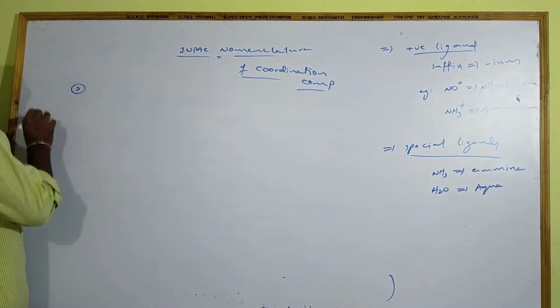The third rule is, after writing the central metal ion, its oxidation state must be in Roman numbers.